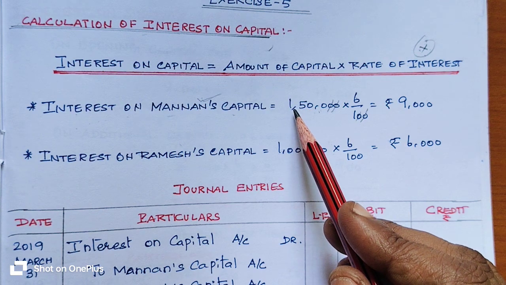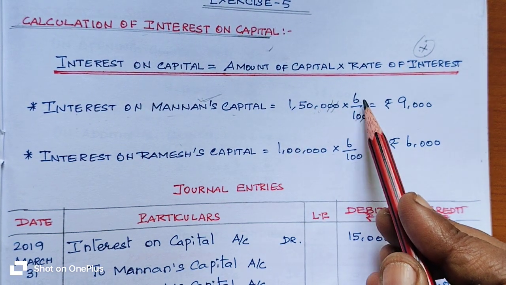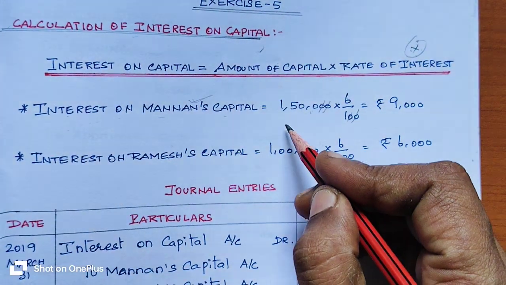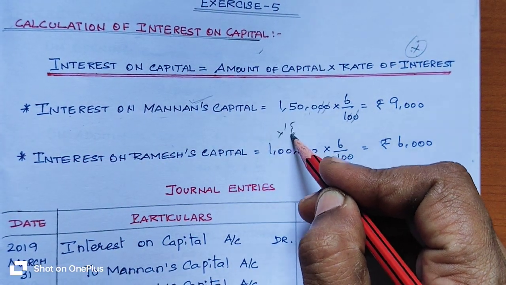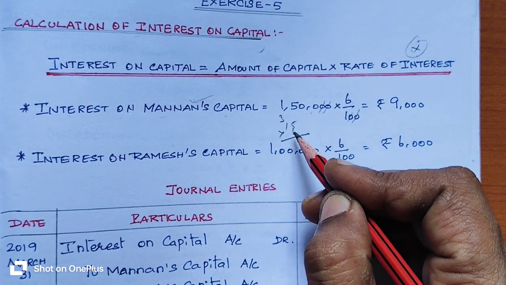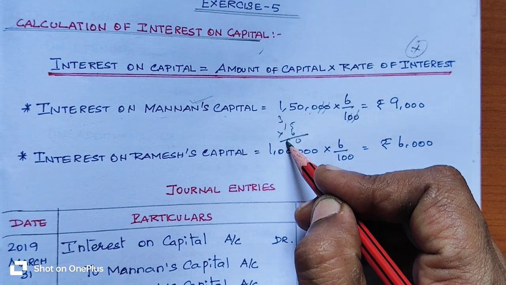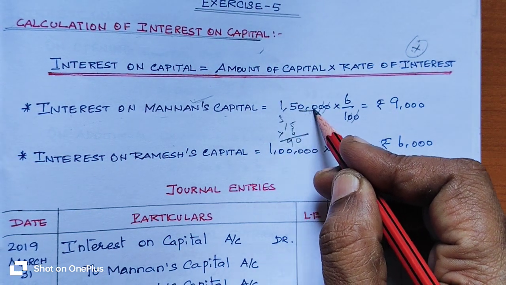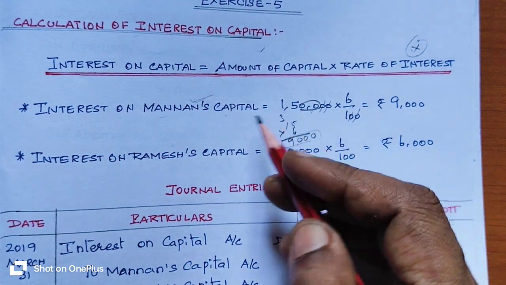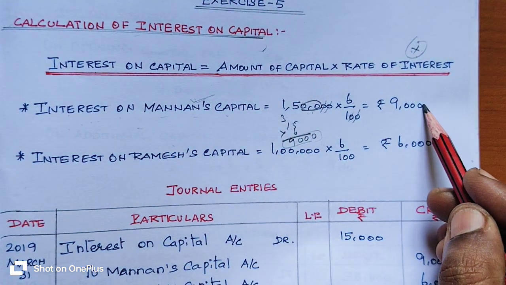Remaining 1,500 rupees into 6, so we have to multiply it. 15 into 6, 6 5s are 30, remaining 3, 6 1s are 6 plus 3, 9. These 2 zeros are to be added here. So 9,000 rupees is the interest on Mannan's capital.